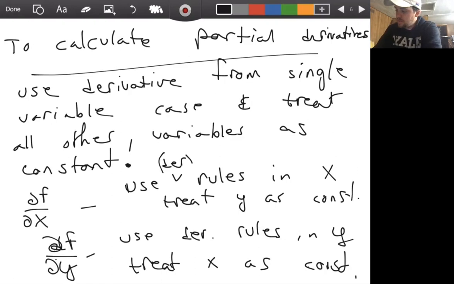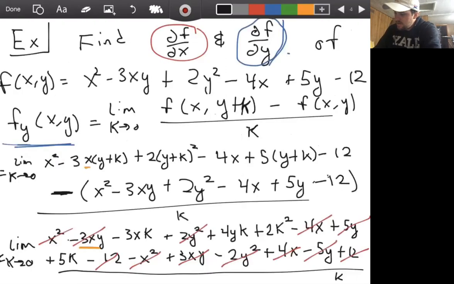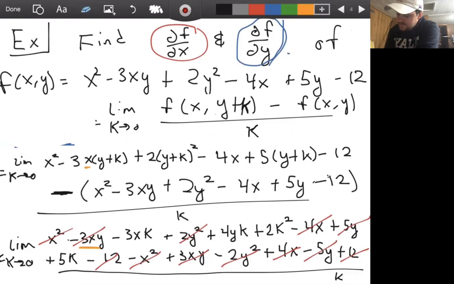So let's do some examples. And let's use the same function here, the same f of xy.